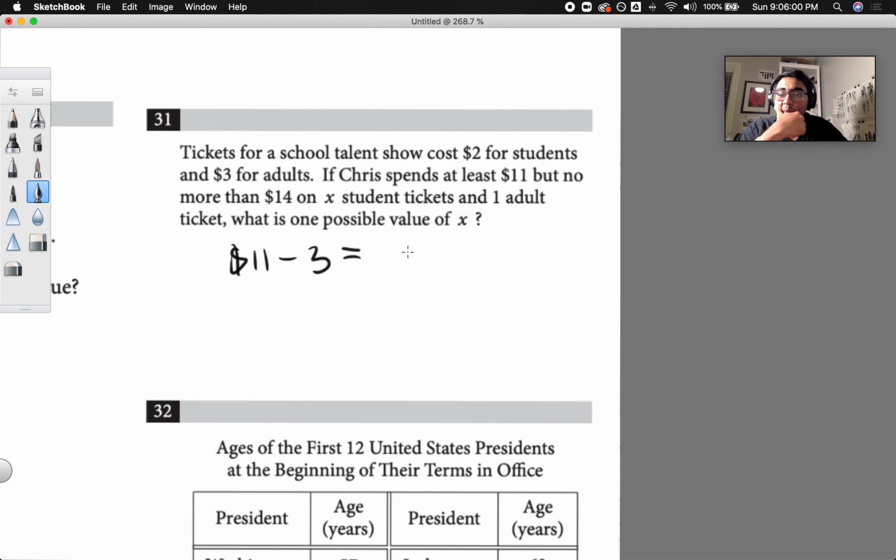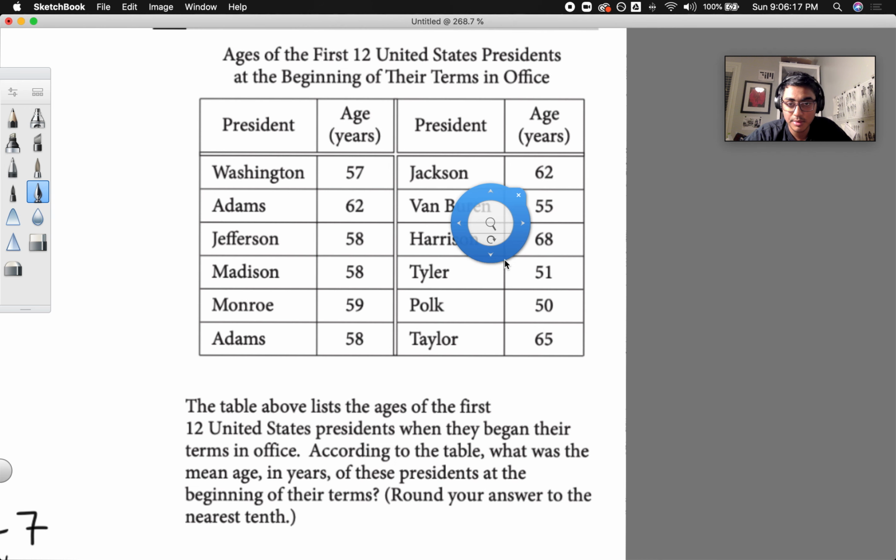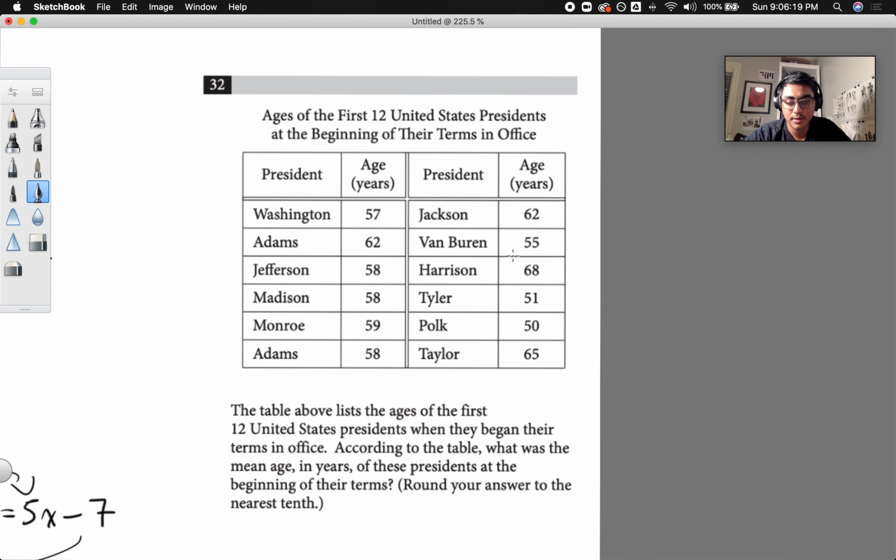The remaining amount of money we have left is $8. So he can buy four more tickets for students because they're only $2 each. So the answer is 4. There's also another answer, but that one should be fine.